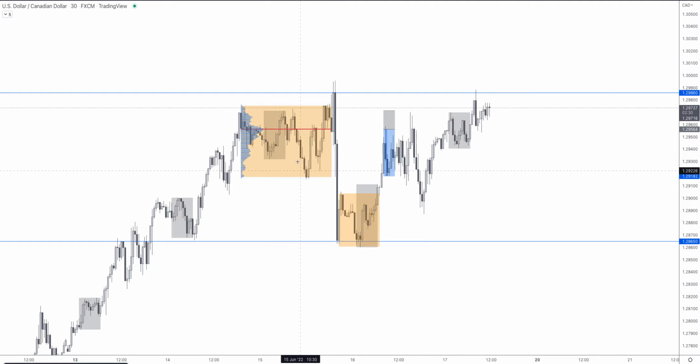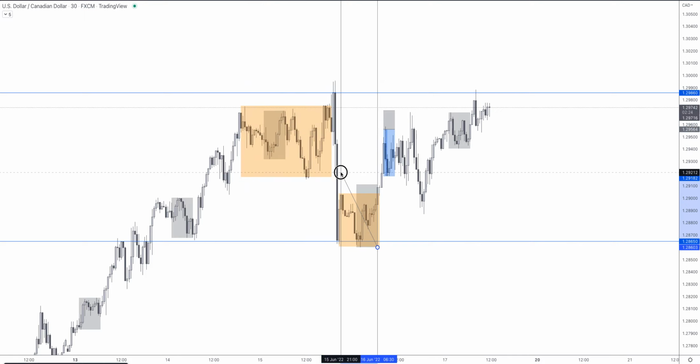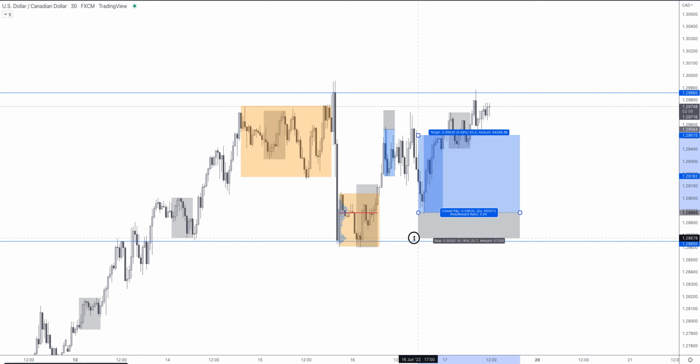Now, when we move the fixed range volume profile to this rotation here, we've got the same principle. We've now got the same idea. So let's go with a standard 15 pip stop loss.